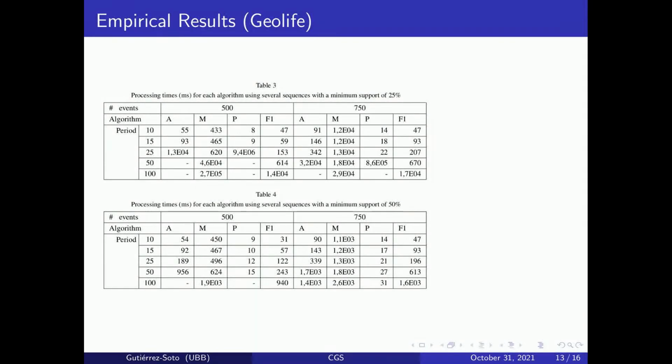Indeed, in another experiment, if you imagine that the minimum support is 0, it is very probable that the time increases for every algorithm. In that case, minus F1 will have a better result in comparison with the other algorithms.